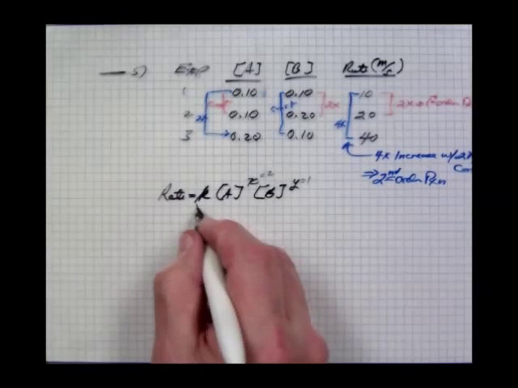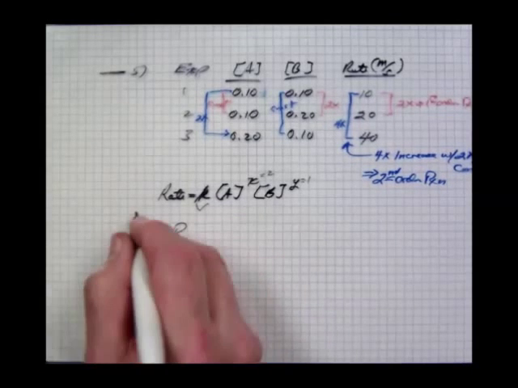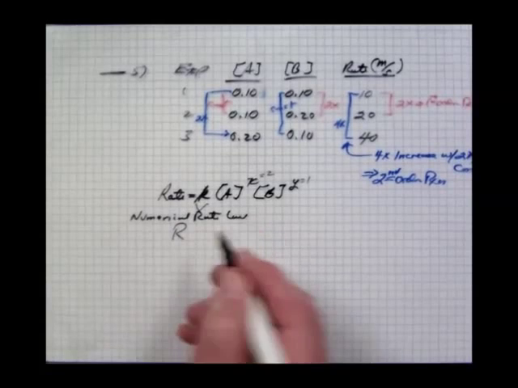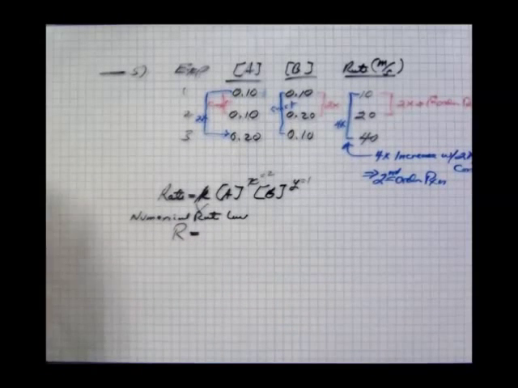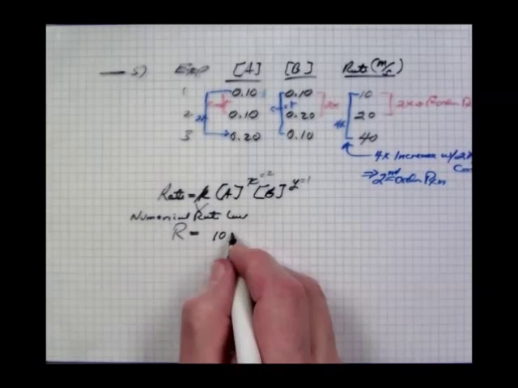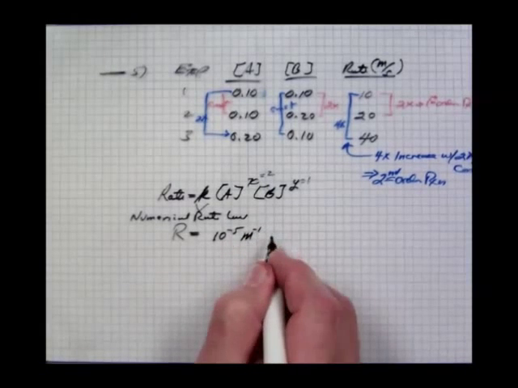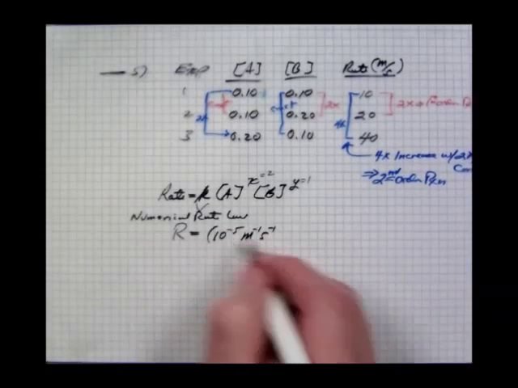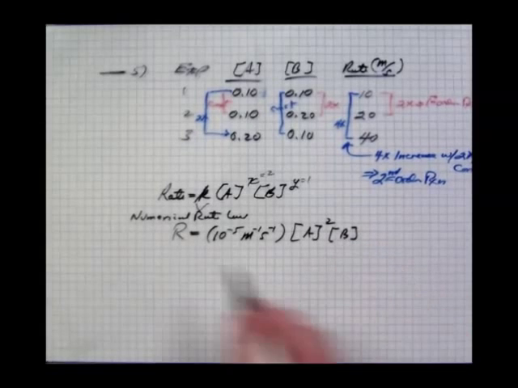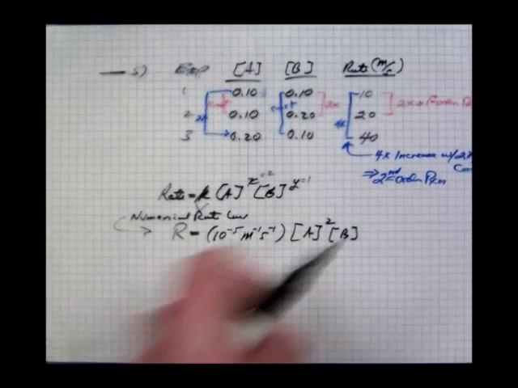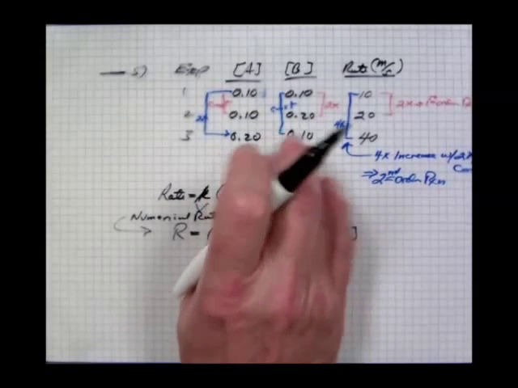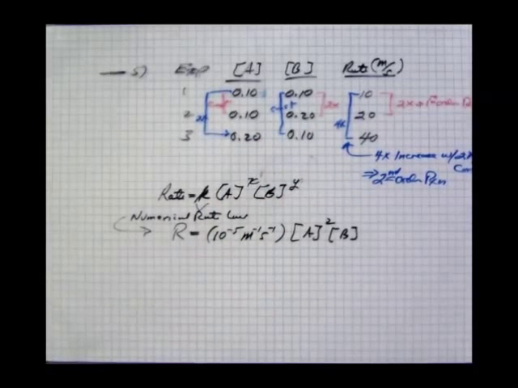Of course, I gave you the K value, so the numerical rate law has a rate constant of 10 to the minus 5 molar minus 1 seconds minus 1, and you put in A squared B. This is the numerical one, without the 2 and the 1, with just y's and x's, that's an empirical one.